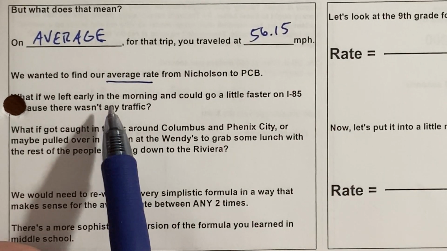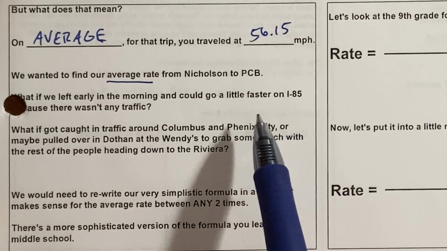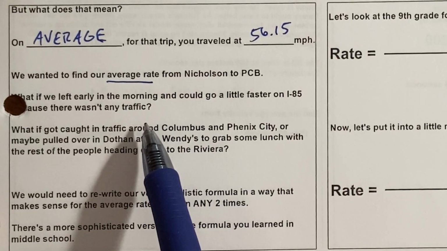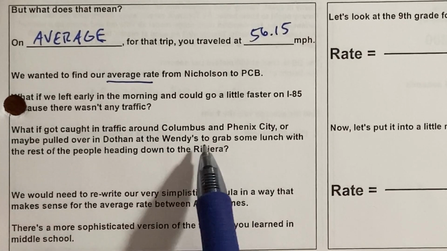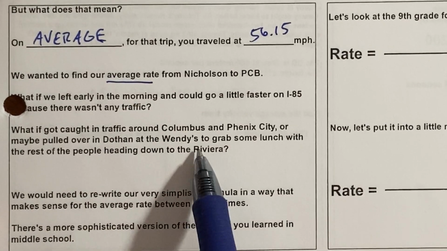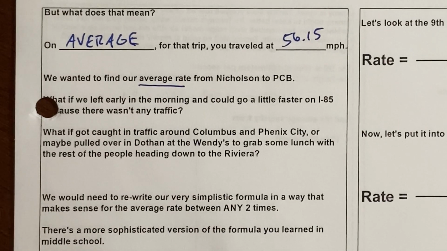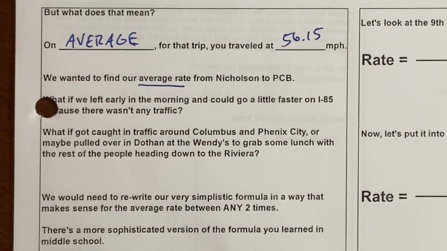But what if we left early in the morning and we could go a little bit faster on 85 because there wasn't any traffic, we didn't have to stop too much? Or what if we got caught in traffic in Columbus or Phenix City and we had to pull over at the beautiful Dothan Wendy's to grab some lunch as we went with the rest of Southeast America down to the beautiful Riviera?